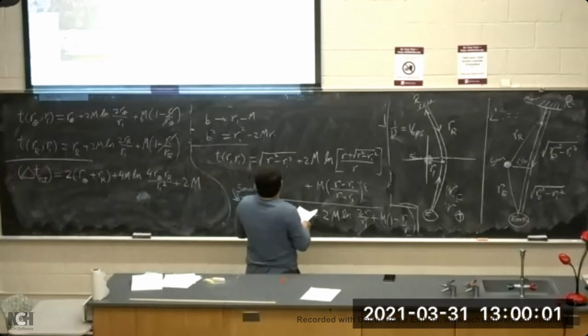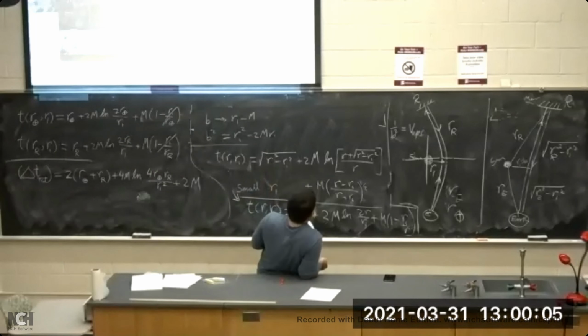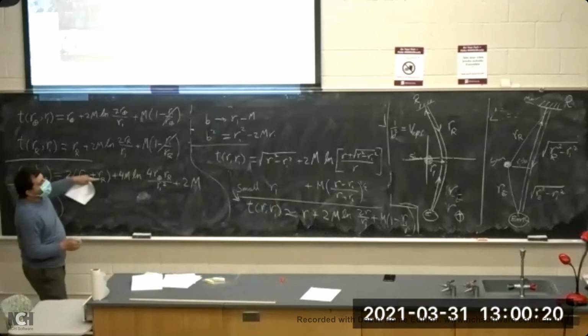Our value, what we needed, is the small delta, which is delta T excess, which is equal to this minus the classical value.